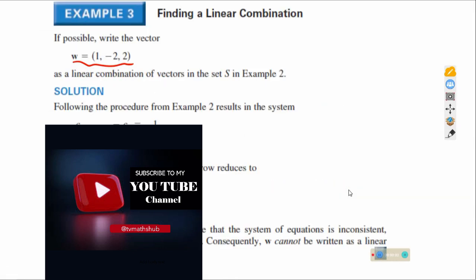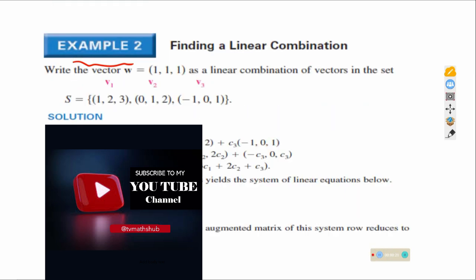Let us talk about example number 3. In example number 3, we want to see if it is possible to write this W, which is (1, -2, 2), as a linear combination of the vectors in the set S. Set S is the set that we have so far considered in our previous example.